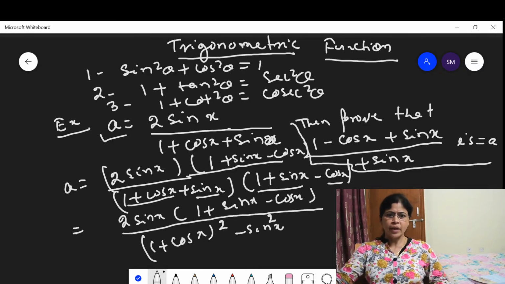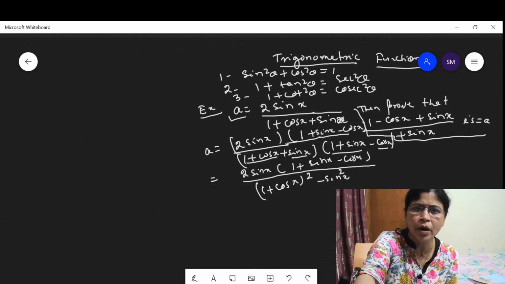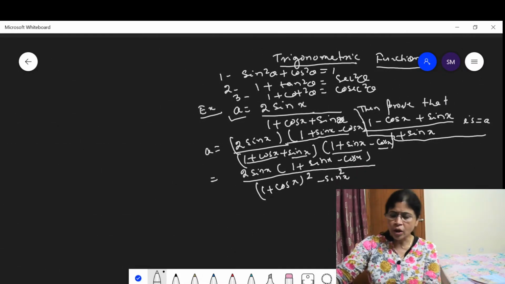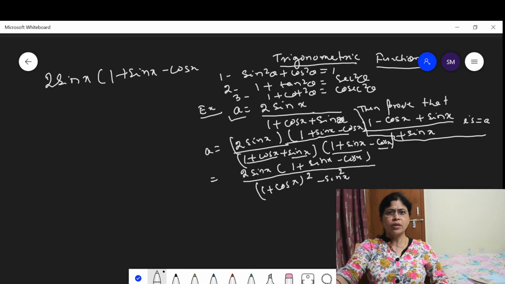Students, keep it here, because if I use the next page, it will be difficult for us to recall the problem, so I keep it here and start here. These are the solutions. The numerator is 2 sin x into 1 plus sin x minus cos x.